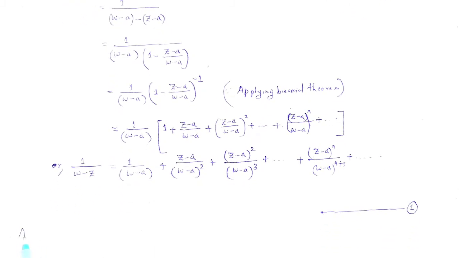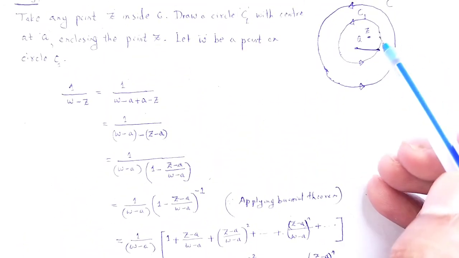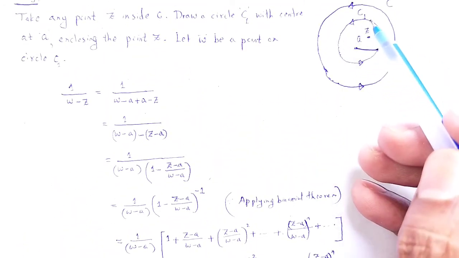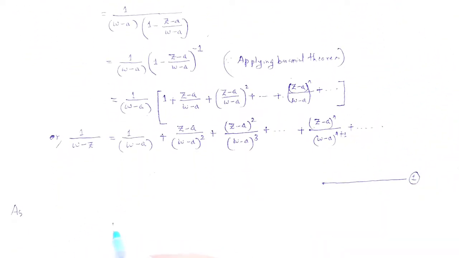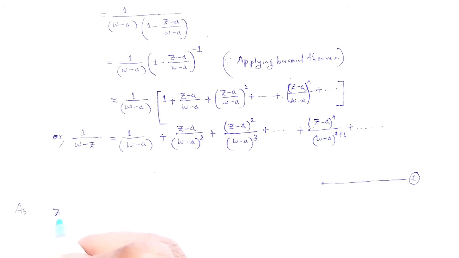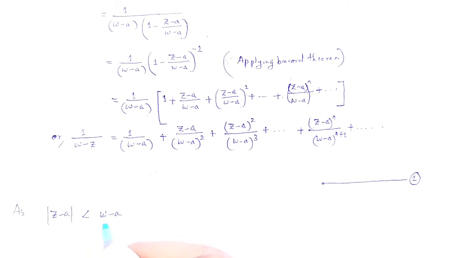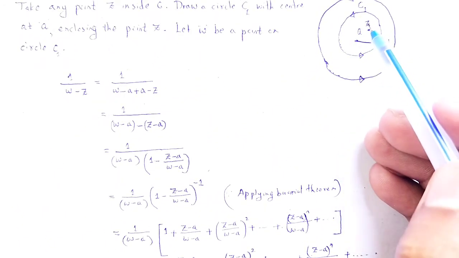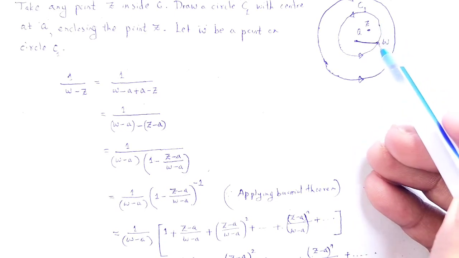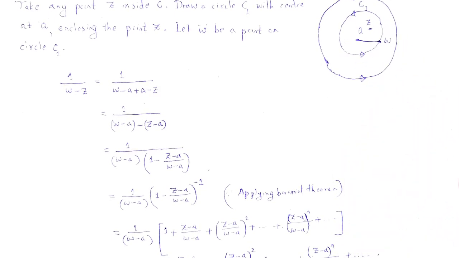As in the figure, the point Z is within the circle C1, therefore the magnitude of Z minus A must be less than the magnitude of W minus A, as point Z is within circle C1 and point W is on the circle C1.